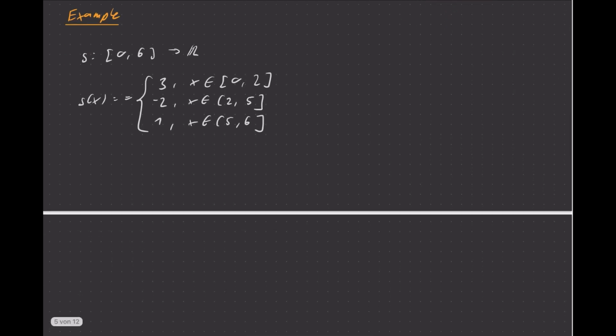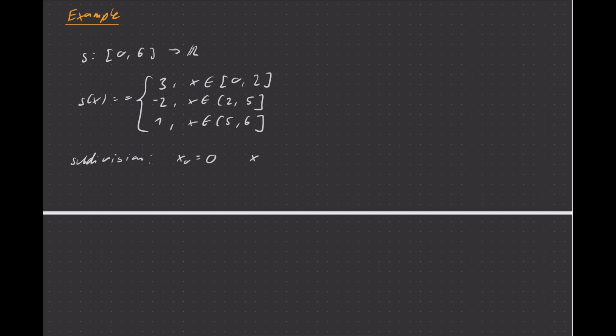And now, of course, we can choose a corresponding subdivision. That's easy in this case. So a good corresponding subdivision will simply capture all those jumps. We have to start, of course, at 0, the left bound of the interval.